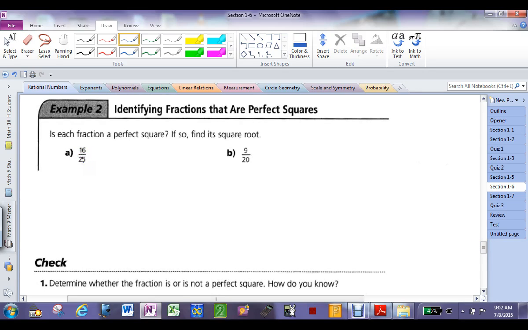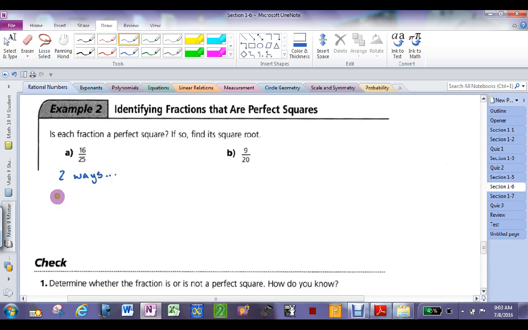Is this a perfect square? There's two ways to check. The first thing you could do is make it a fraction, or make it a decimal. How do I make this a decimal? There's two ways to go.